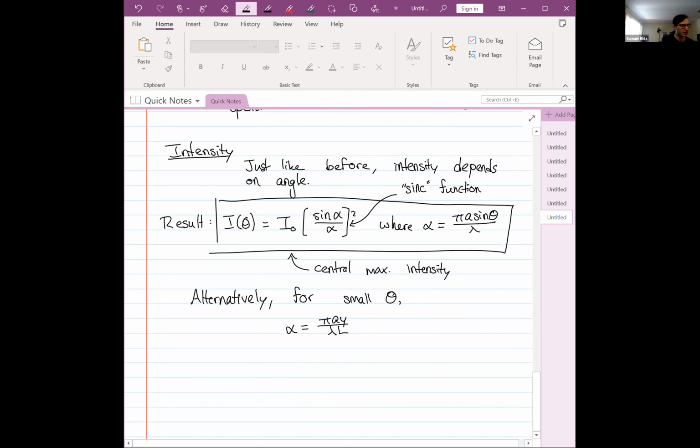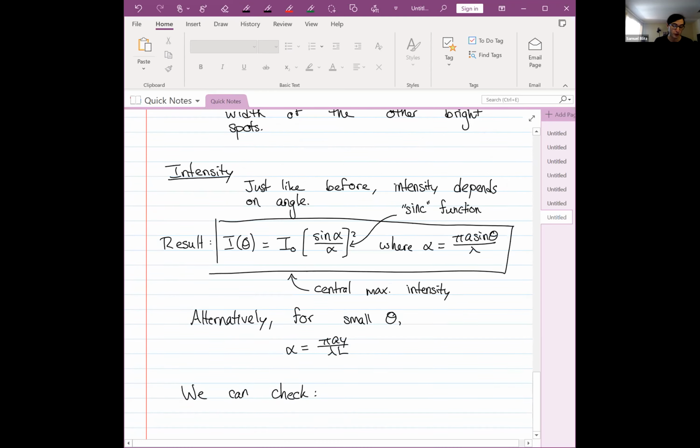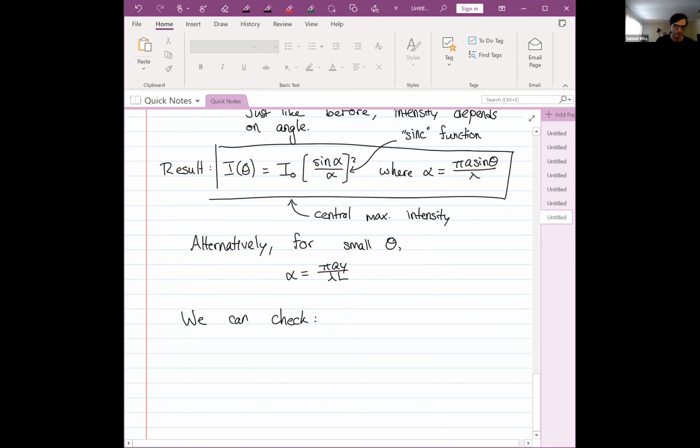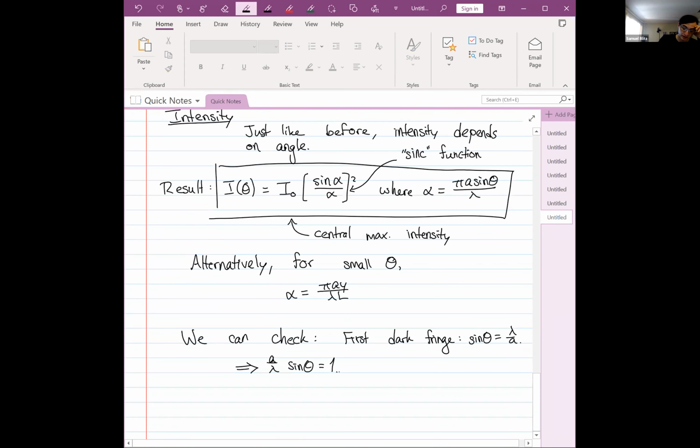Now, as you can check, and actually, let's just check the first example. We can check that the location that we determined for the first dark spot does agree with this intensity formula. The first dark fringe occurs when sine theta equals lambda over a, plus or minus lambda over a, but we're just going to use lambda over a. This means that a over lambda sine theta is equal to 1. And so we can plug that into alpha. Alpha is pi a sine theta over lambda.